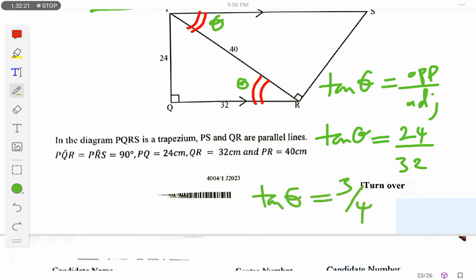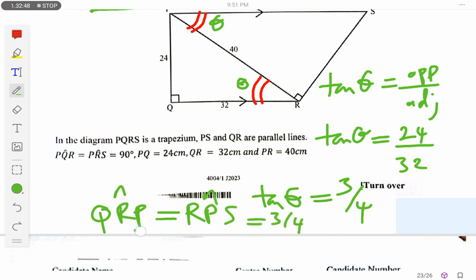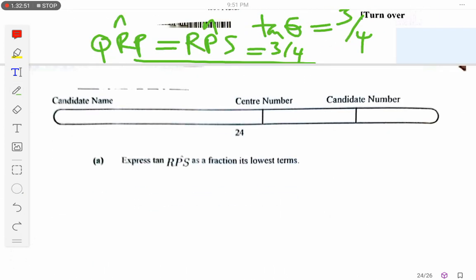If I simplify, 24 to 24 is 3, 24 to 32 is a 4. So the tan theta in QRP, this angle is similar to P, is similar to R, RPS, so it's going to be equal to 3 over 4. Okay, that's done. Let's move on.